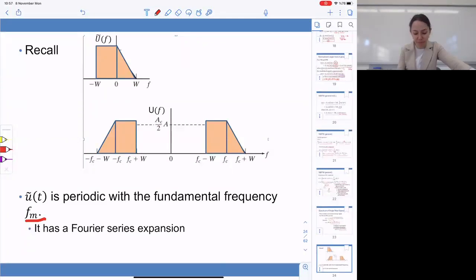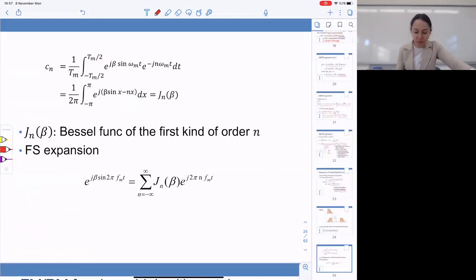Therefore, it has a Fourier series expansion. So we can find the Fourier series coefficients then. So how do you find the Fourier series coefficients? You integrate against the corresponding harmonic term over a period and scale by the period. What is the fundamental period? It's Tm, which is 1 over fm.